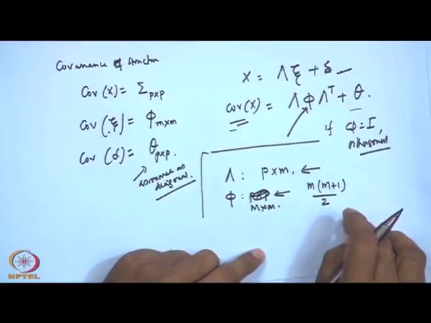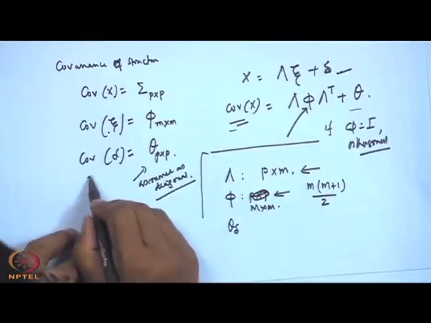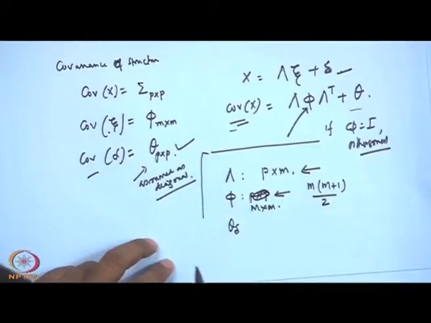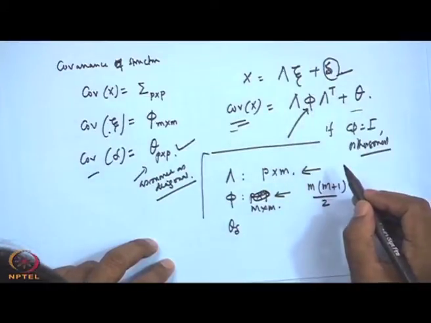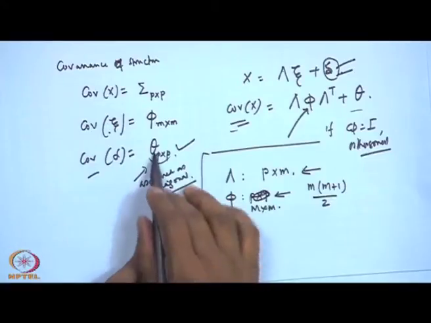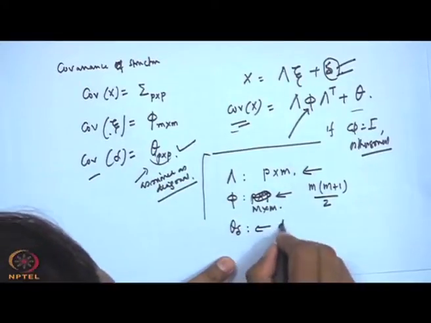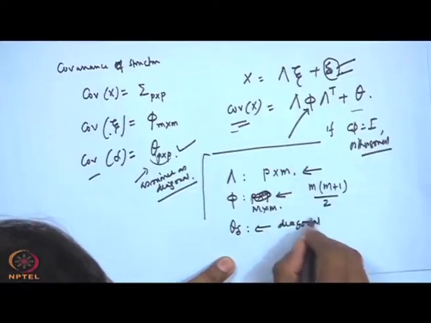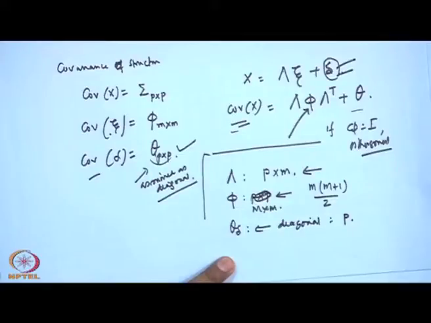And then there is theta delta. If we assume that it is diagonal, then there will be p parameters to be estimated.